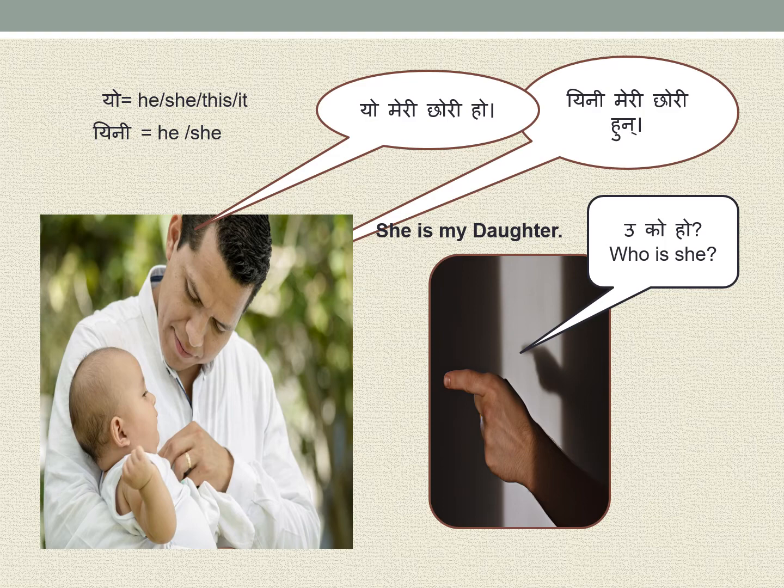Note for you, ini is the more respectful one, while yo is the most commonly used one. So yo is used for friends, siblings, younger person, animal, and things. So let's take a look at using yo for animals or things.